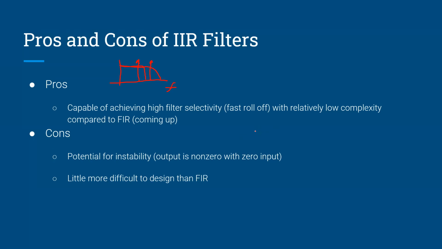It would basically be an oscillator, or even worse, let's say you had exponential rise in your output without any input, that would just be an unstable system. So that's no good. Partly because of that, but also due to all the feedback you have to worry about, they're a little more difficult to design than the FIR filter, which is what we'll talk about right now, unless there are any questions.